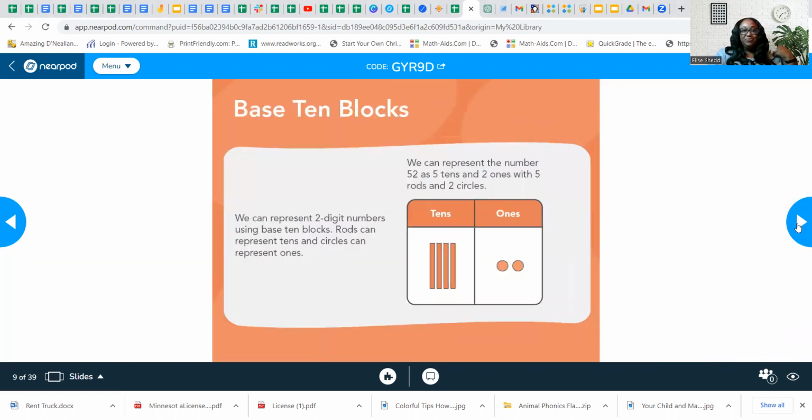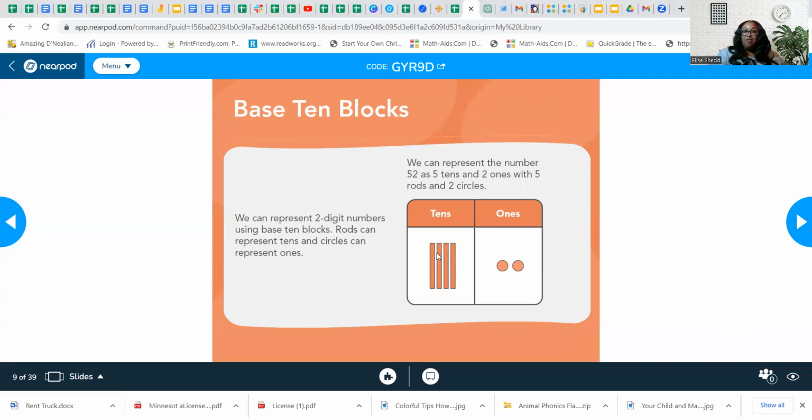All right. Now, you've seen also the base 10 blocks. There are many ways to show place value. Place value is my favorite. I know you all are second graders, and so you're still learning how to subtract bigger numbers and calculate different numbers. But if you remember your base 10 blocks, base 10 blocks represent place value numbers. We can show a two-digit number using our base 10 blocks.